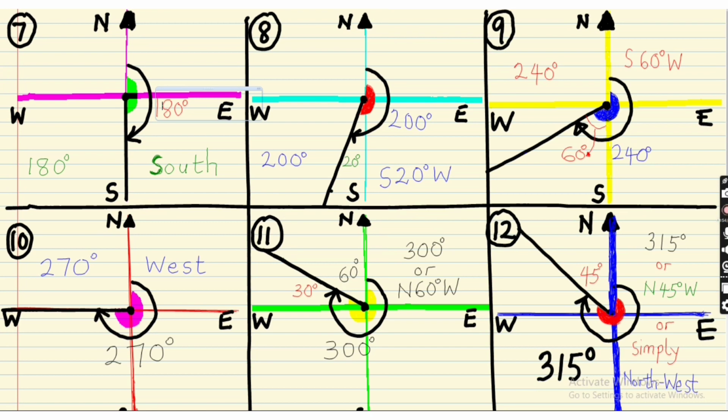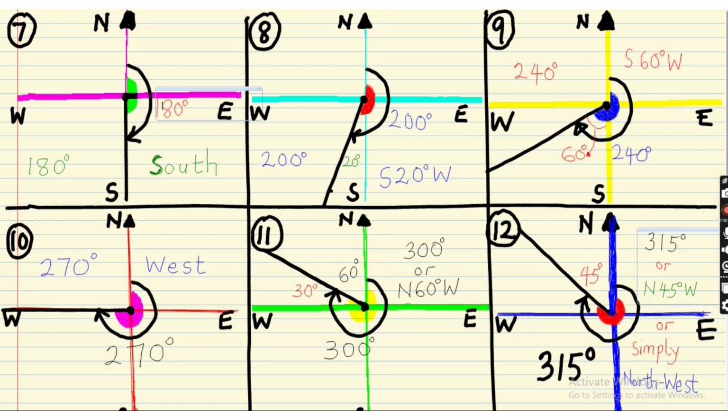Now, how do we call that? In 3-figure bearing, you can simply say 200 degrees. But when we want to call it in compass bearing, it is between south and west, and you've got to call south first. So the angle in that corner there is, as you can see, 20 degrees. We call it south 20 degrees west.